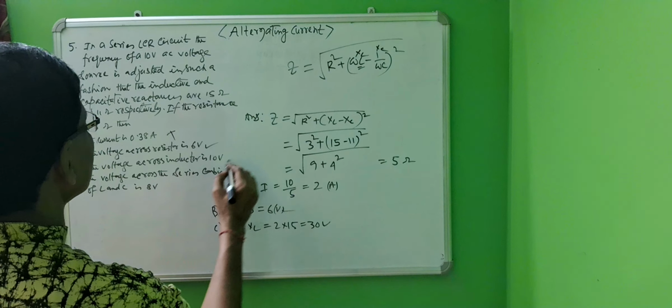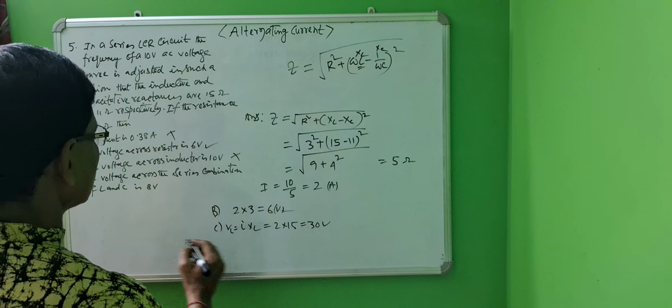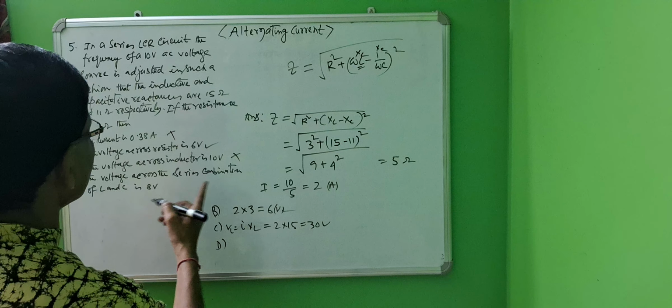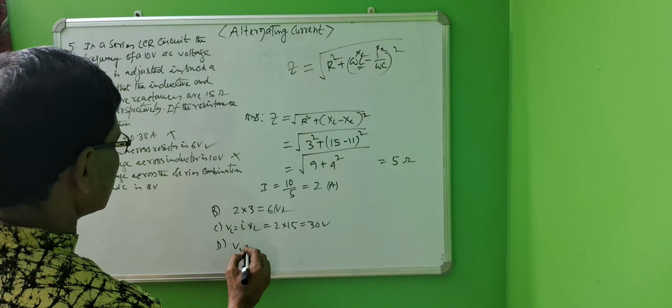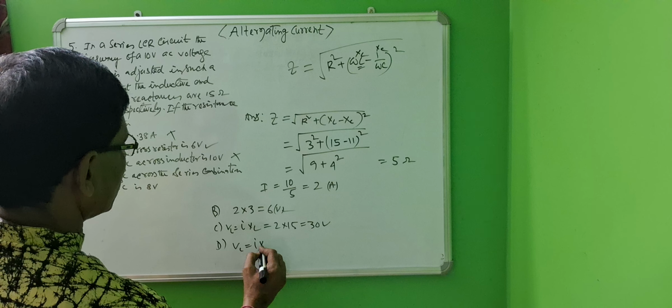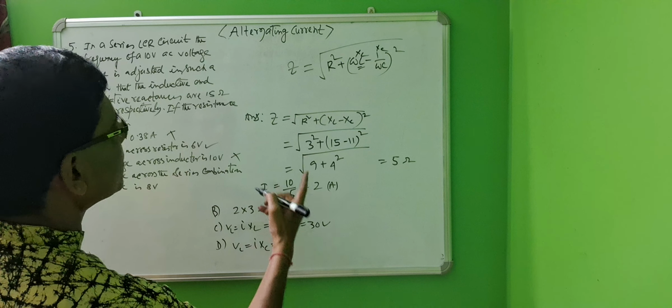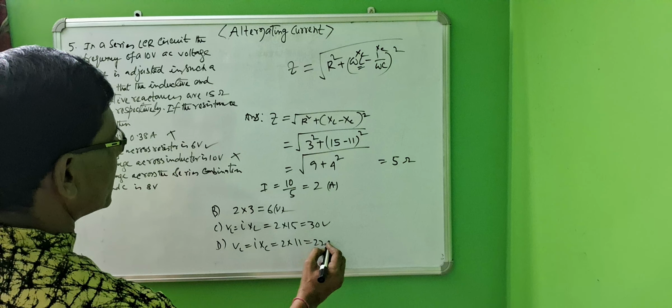So this is also wrong. And option D, the voltage across the resistor is constant of L and C. VC equals I XC equals 2 into 11 equals 22 volts.